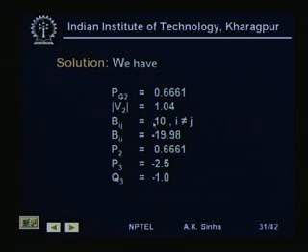So, that becomes minus j 10, and Bii is equal to minus 19.98 because we add all the susceptances connected to the bus plus the half line charging of the two lines at that bus.